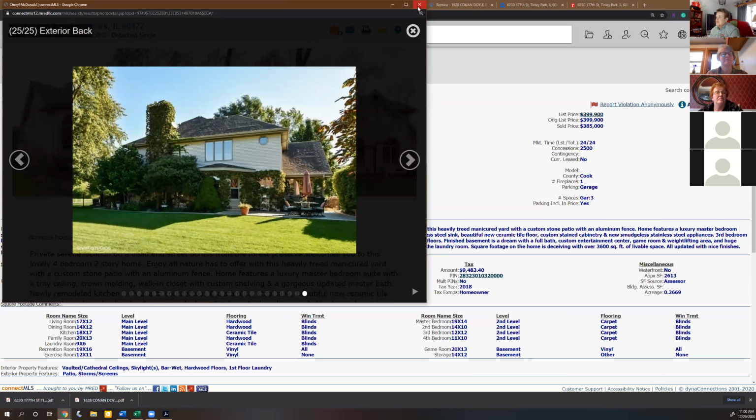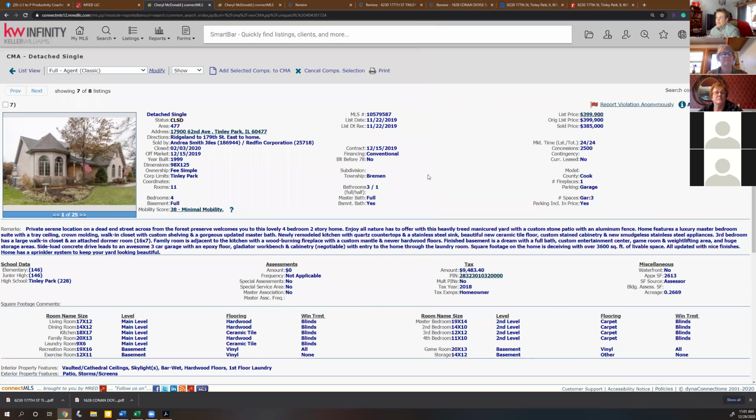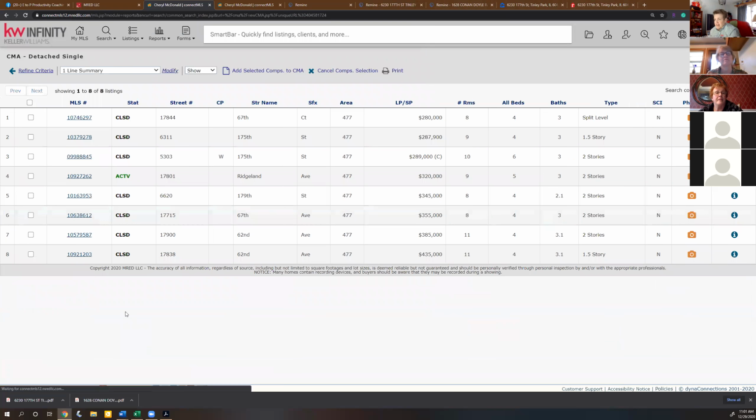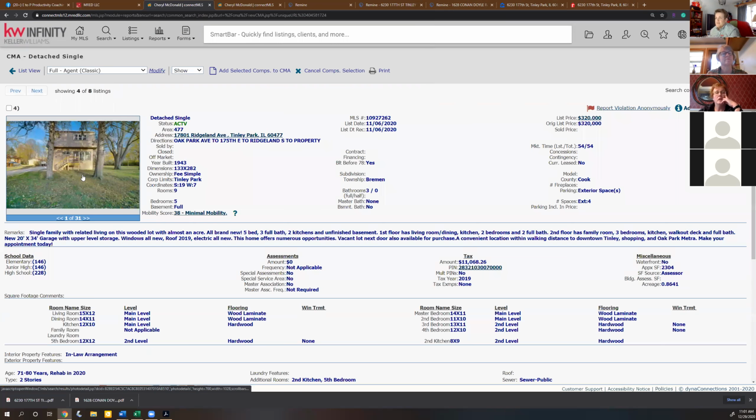Okay. So those are gorgeous houses and they're within a pretty close shot of my house. Now, what I was really hoping to find was... so let's look at this one on Ridgeland.